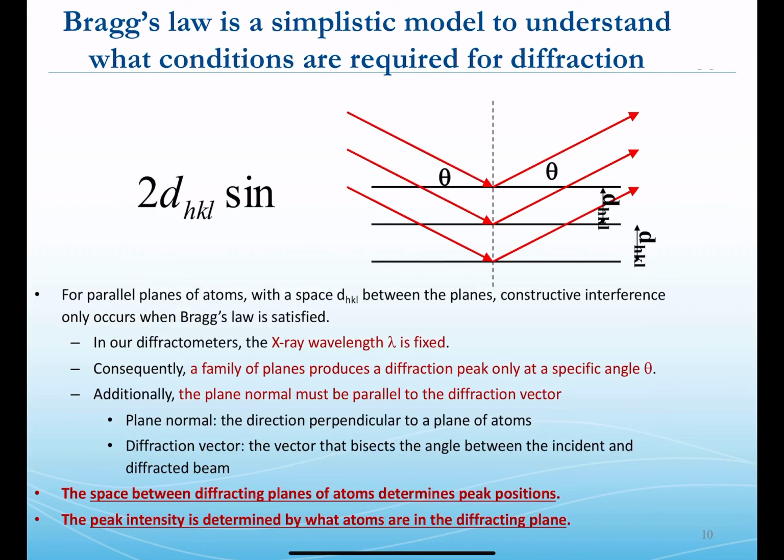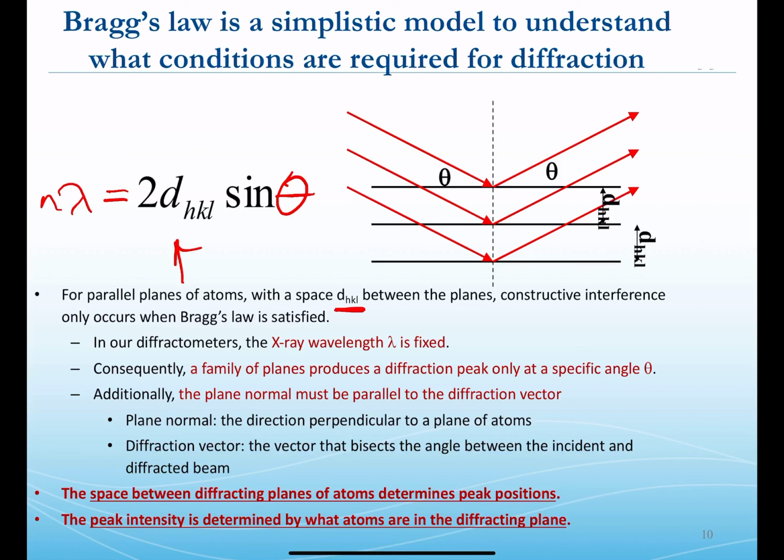Good. So some other requirements for Bragg's law. So again, Bragg's law was n lambda is equal to 2d sine theta. And some other requirements for parallel planes of atoms with a spacing that is the same of h, k, and l between those planes, we want to see destructive interference when we satisfy the equation above, Bragg's law.